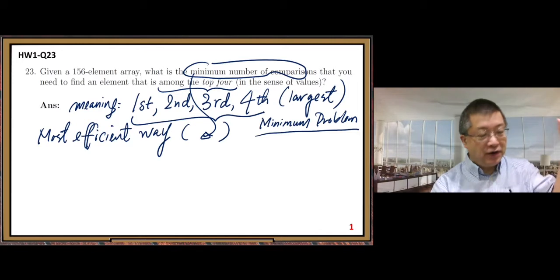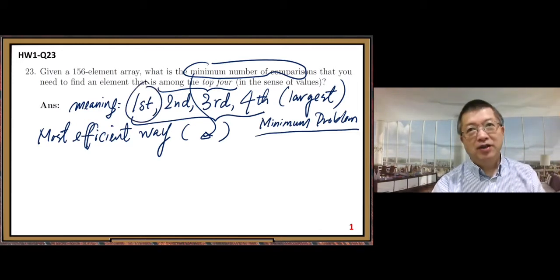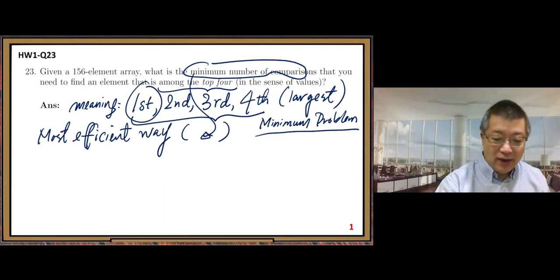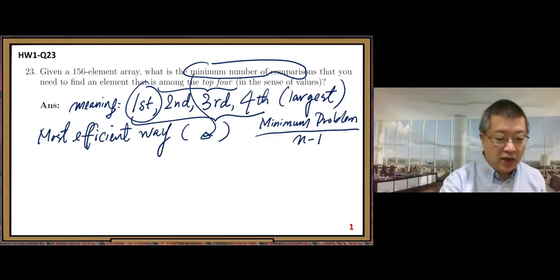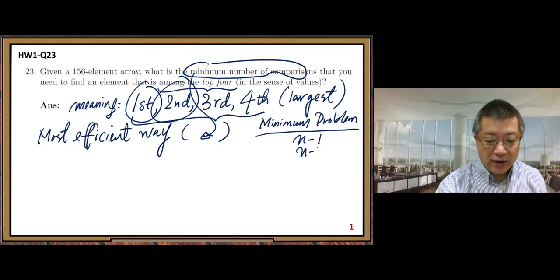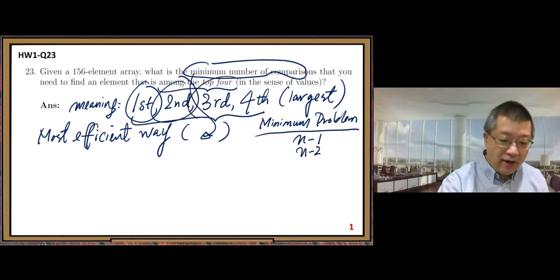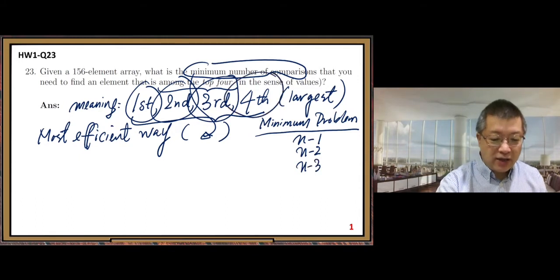First, find the largest. They use n-1 comparisons. Second, find the second largest. Then for the remaining n-1 elements, they use n-2 comparisons. Then third largest, they use n-3. The last case, fourth largest, they use n-4.